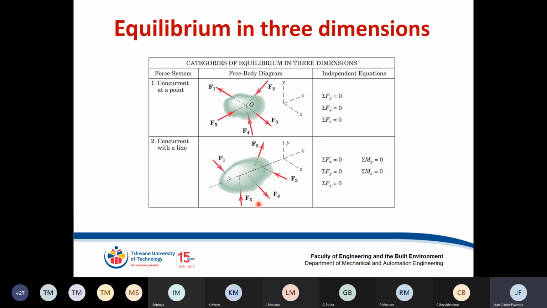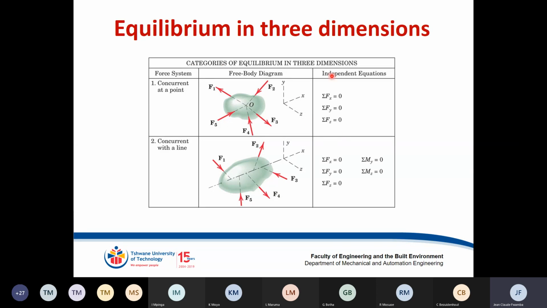Now let's talk about the different setups which one can come across. I think we've done it as well with the 2D. When you talk about concurrent forces at a point, in terms of diagram, this is what we have. All 5 forces go through one point. So let's project them into your Cartesian system, which is X, Y, and Z. What are the equations which will sustain your equilibrium condition?